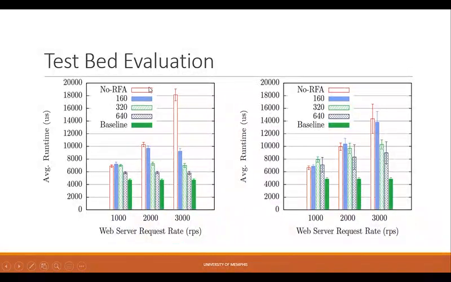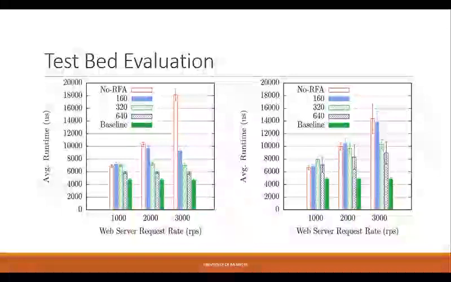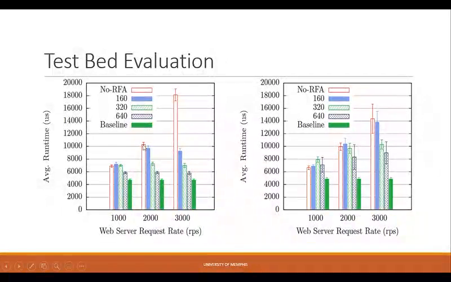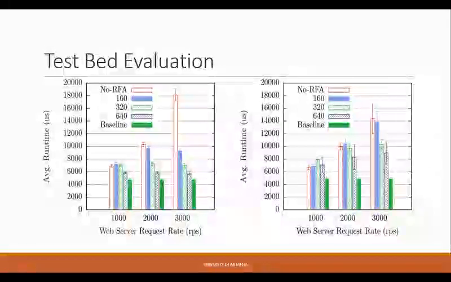Here the orange represents the no RFA. This is where our request rate for the RFA, or the helper running the CGI, is at 0 rate. And the green one here represents the baseline. By baseline, I mean where the server, the victim, is sitting there doing nothing.